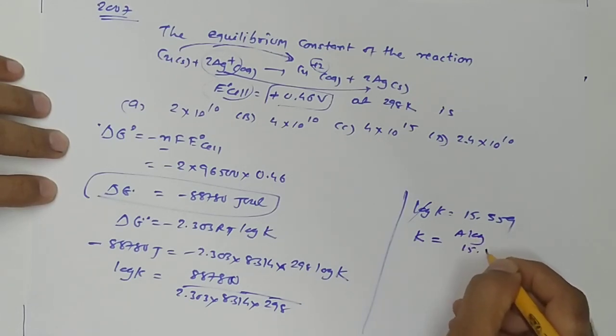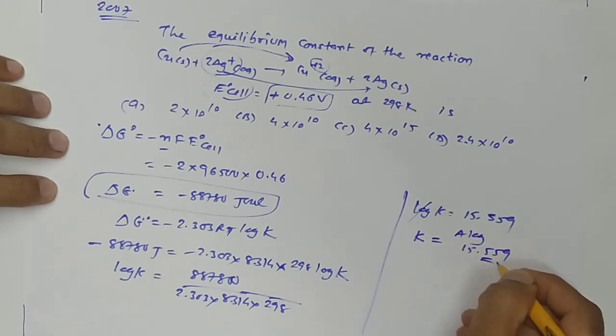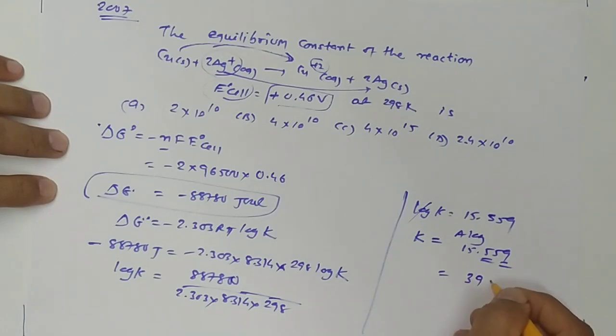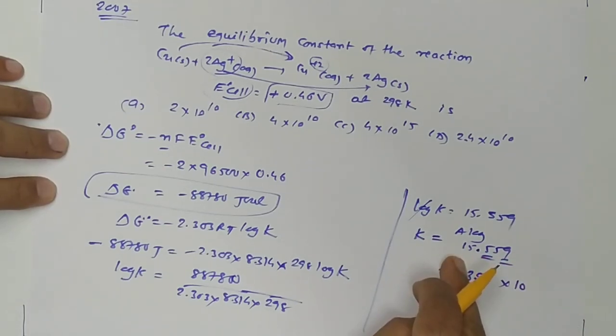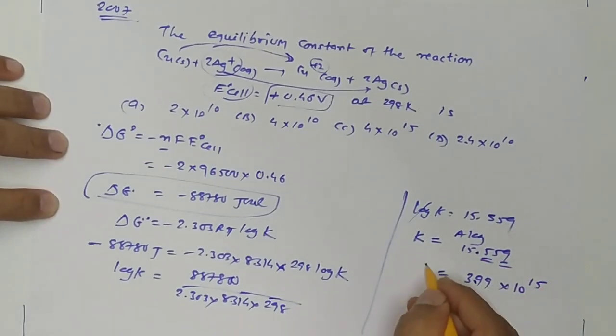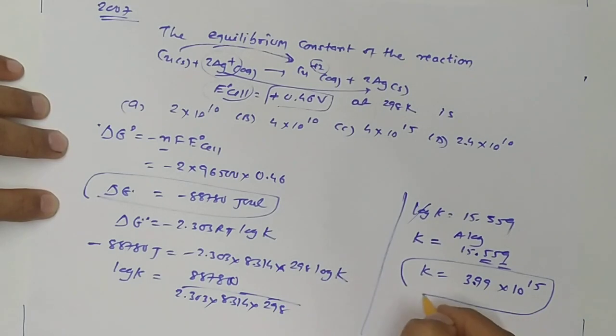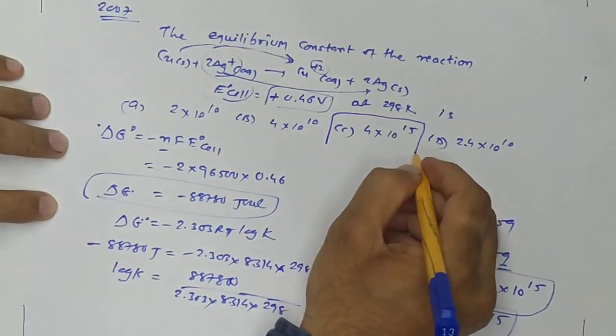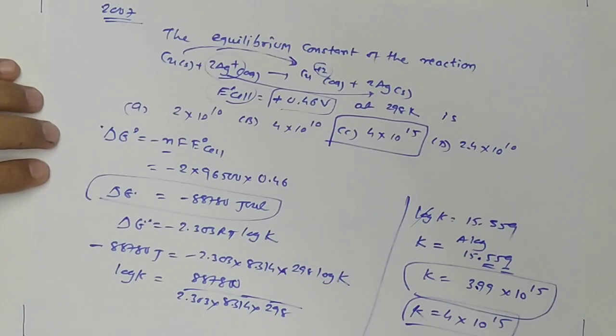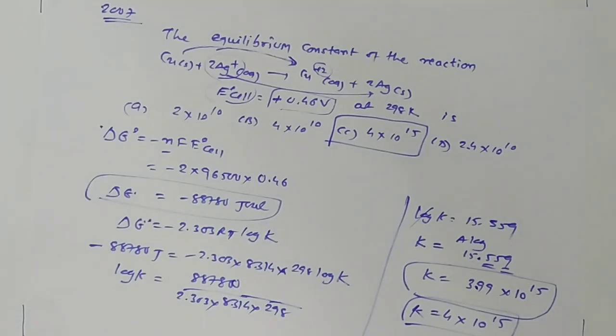Antilog of 0.559 is about 3.99, so the point comes after one digit and 15 comes as a power. So K will be rounded off to 4 × 10^15, which is given as C. So C is our answer.